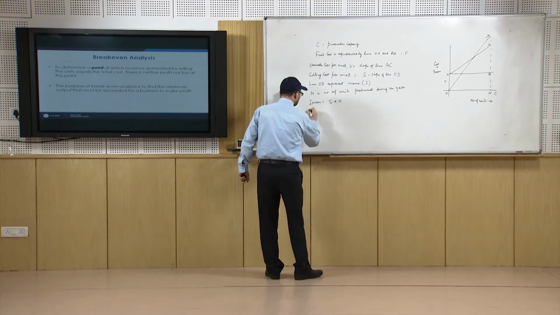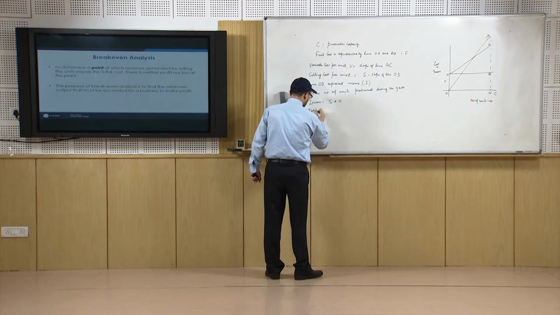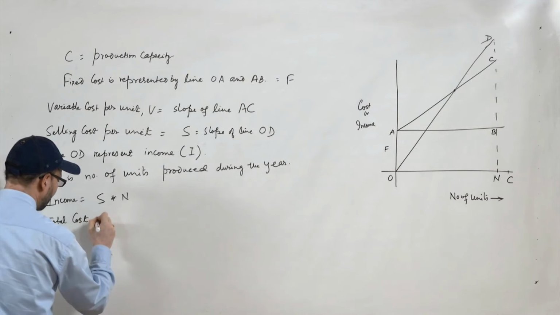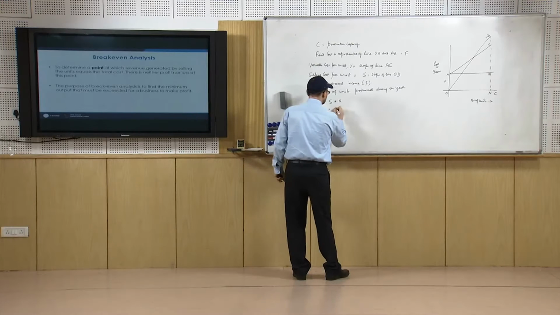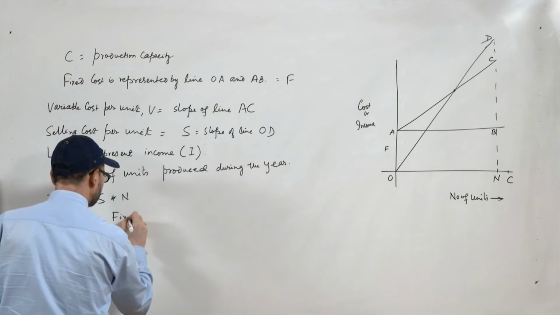Now, total cost will be fixed cost plus variable cost.